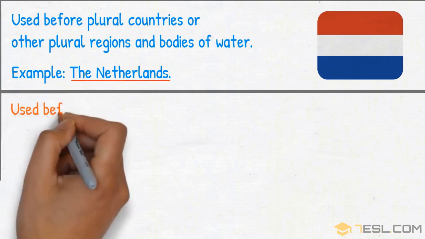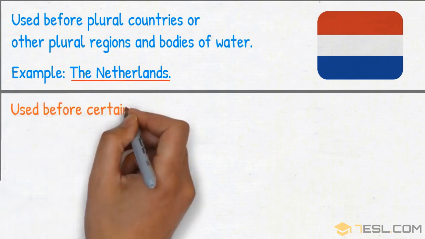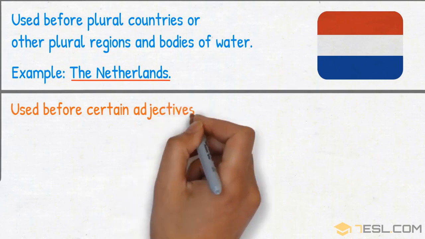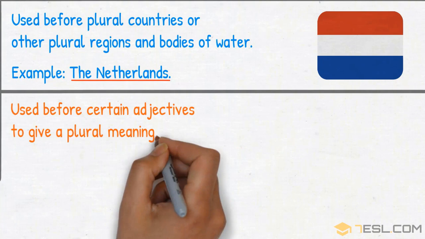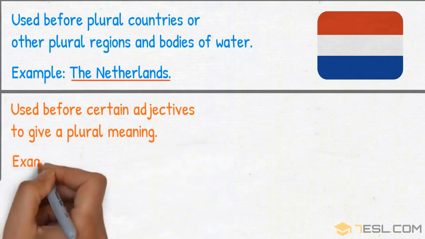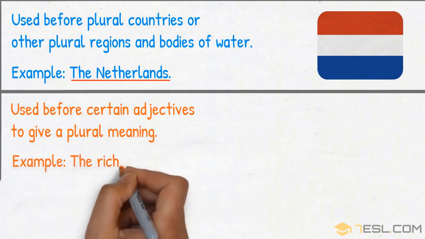The is used before certain adjectives to give a plural meaning. Example: the rich.